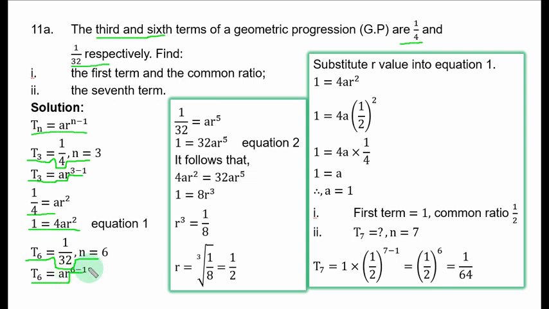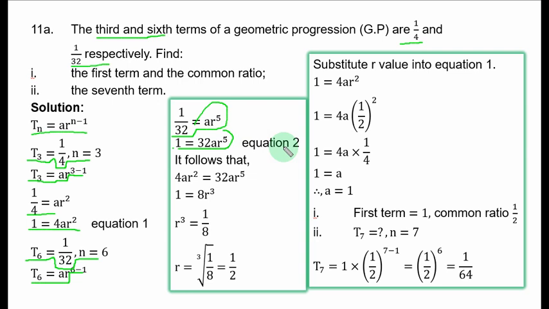So the sixth term is 1 over 32 equal to a times the common ratio to the power of 5. So if you cross multiply, you have 1 equal to 32a times common ratio to the power of 5. That is 32a r power 5. You call that equation 2.